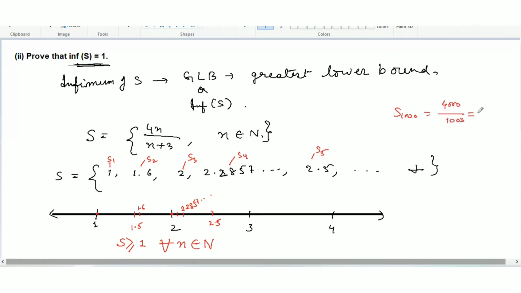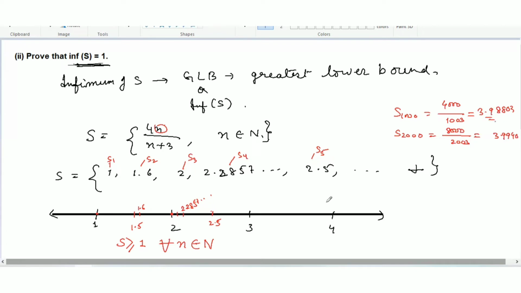If you find S2000, substitute 2000 and you get 8000 over 2003, which is 3.9940.